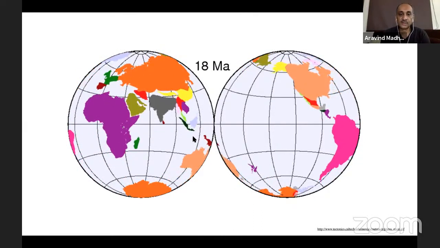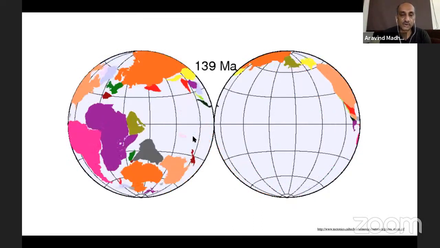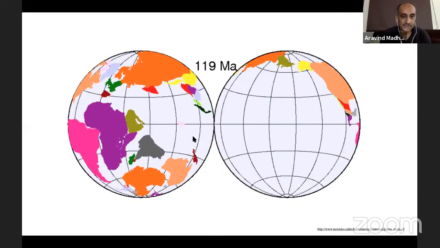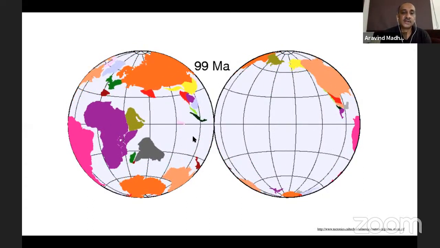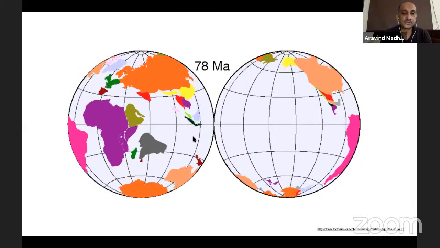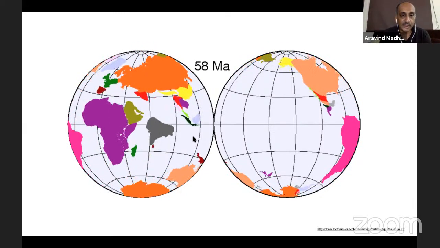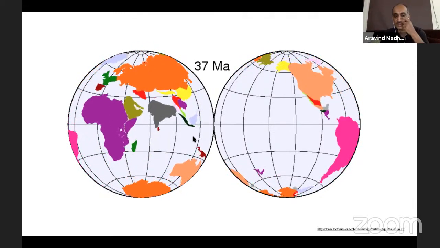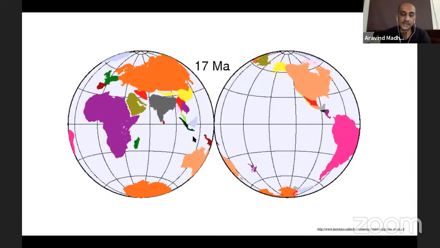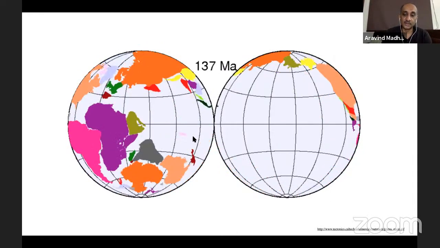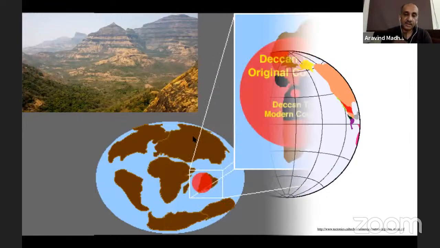Because of this, a lot of species have gone extinct, and a lot of species have survived through this movement, and several species have come into India either from Southeast Asia or from Africa once the Indian plate hit the Eurasian plate.